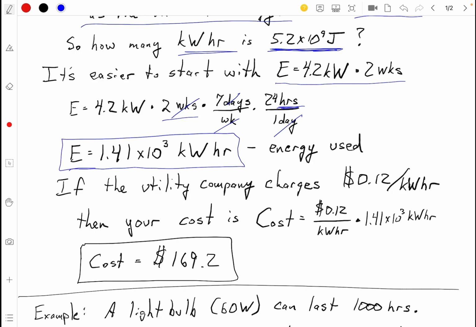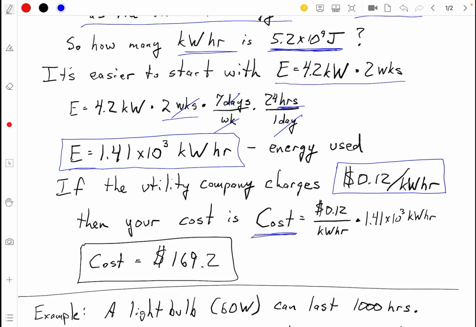And your bill will say, oh, we're charging you 12 cents per kilowatt hour, or 10 cents, or now that we've got higher rates, it might be 14 cents per kilowatt hour, whatever it is. So you say, okay, our cost is 12 cents per kilowatt hour.